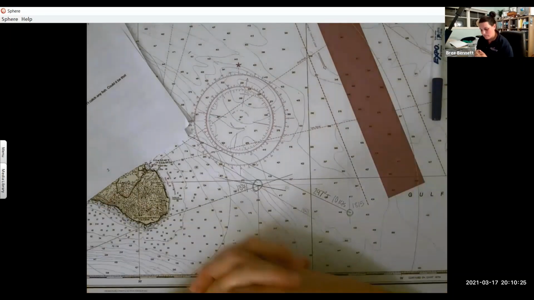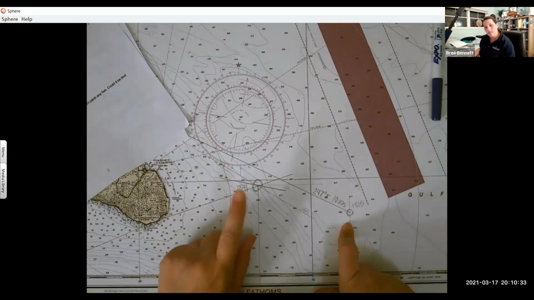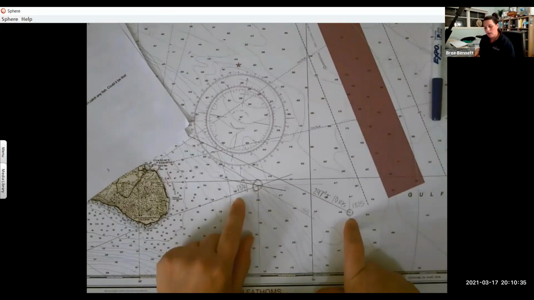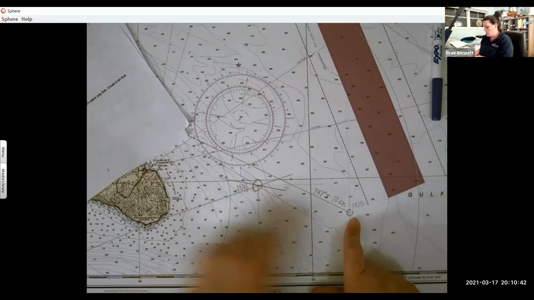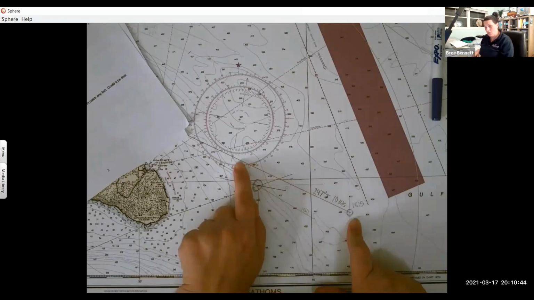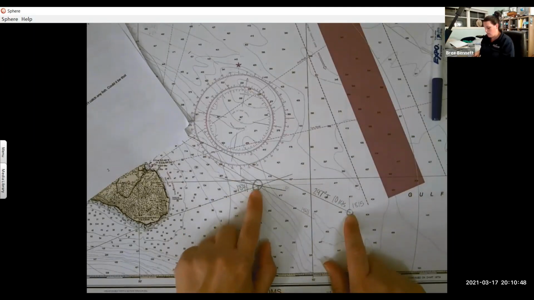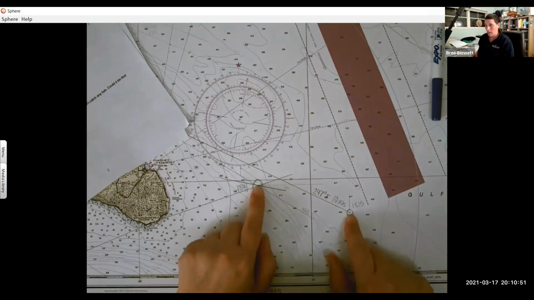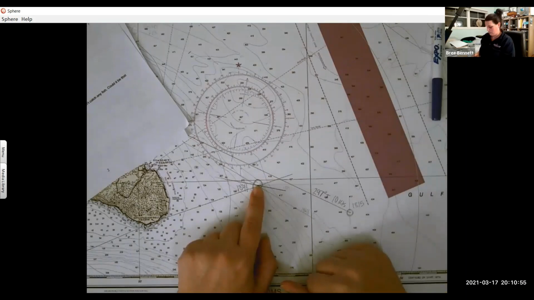Okay, so it asks us then, what was the current? What did we encounter from 1815 to 1841? So I do want to answer before we get there. So this is what I was doing. And then at 1815 to 1841, I've obviously drifted off my course line, right?